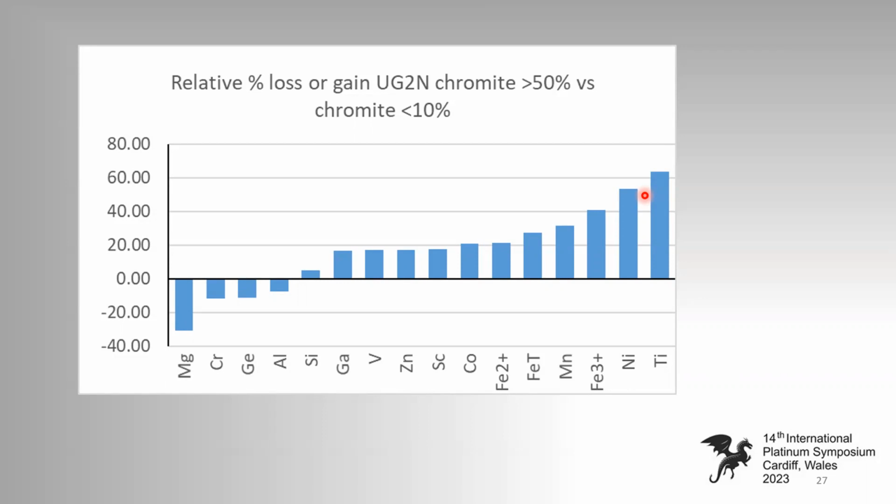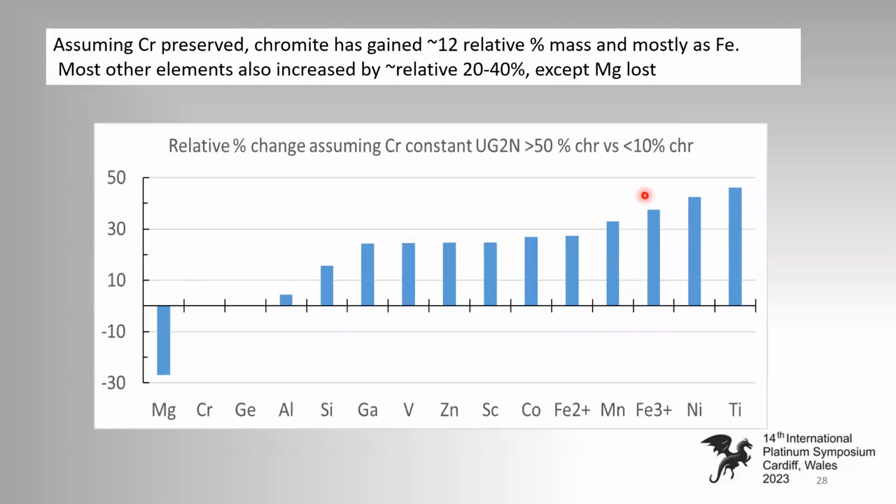Now, those of you who've had any experience with hydrothermal stuff will know that you should actually choose an element that you don't think has changed. So if we think chrome is the element that hasn't changed very much, because the experimental work shows chrome's the last one to go, and also there isn't so much chrome in the subsolidus material you're looking at, then you still get quite a large change, but using chrome as constant, you still lost 30% of your magnesium and gained about 40% on the titanium side.